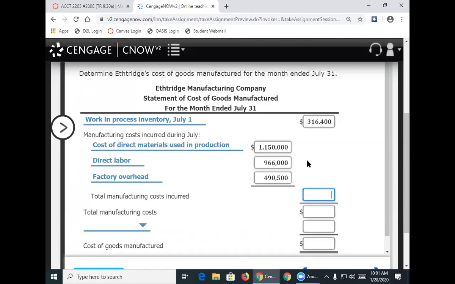So now we just want to add up those three costs, just materials, labor, and overhead during the month. So what's the manufacturing cost incurred during the month? $2,606,500. Very good.